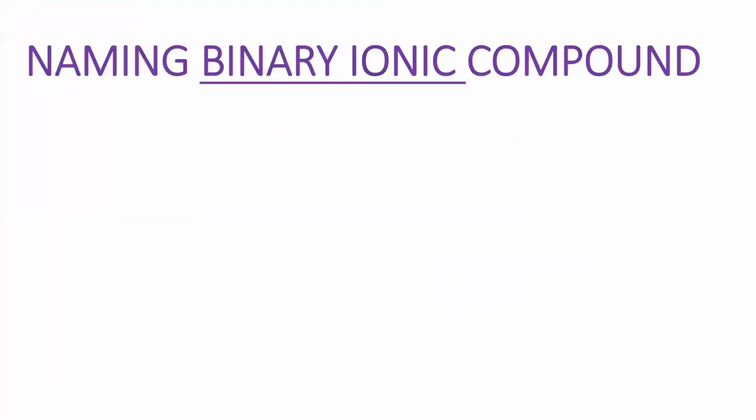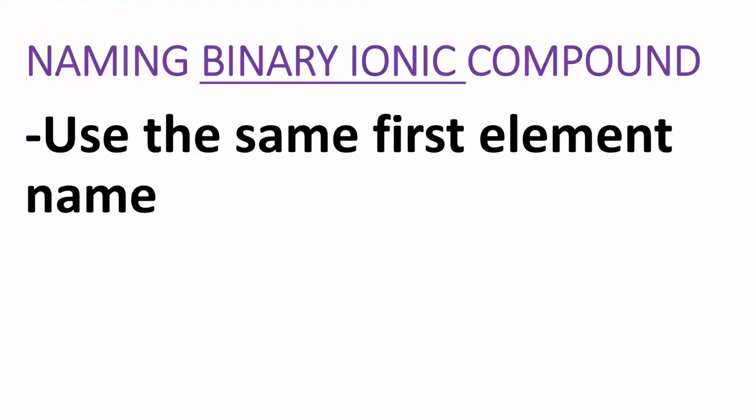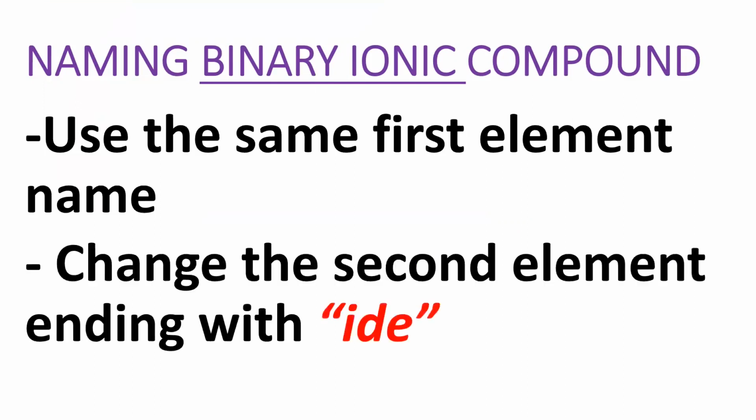So in naming a binary ionic compound, remember the rules. Number one, you have to use the same first element name. Do not change it. If that is magnesium, if that is aluminum, whatever metal it is, do not change the name of the first element. And then the second element, which is the anion, you have to change it.